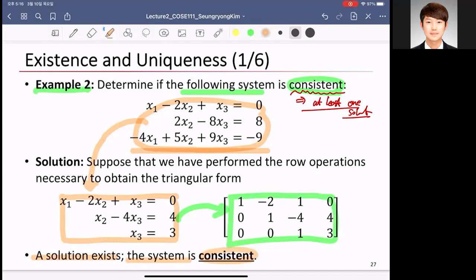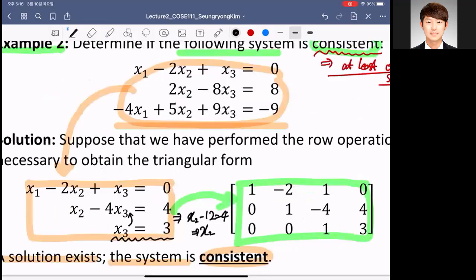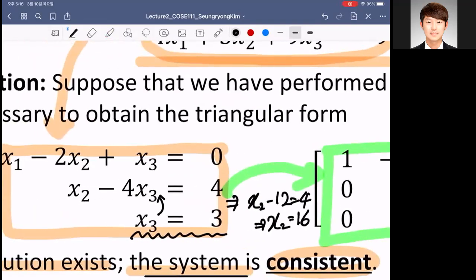right? What's the solution of this one? Very straightforward. x3 was 3, right? And by substituting x3 here, we can get x2 minus 12 equals 4, so x2 is going to be 16 in this case.